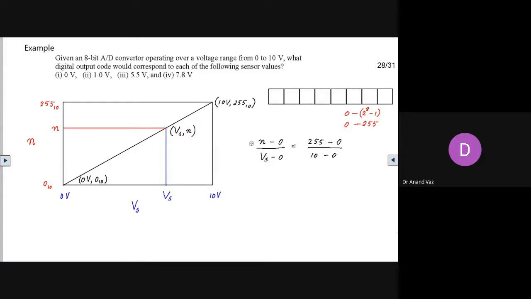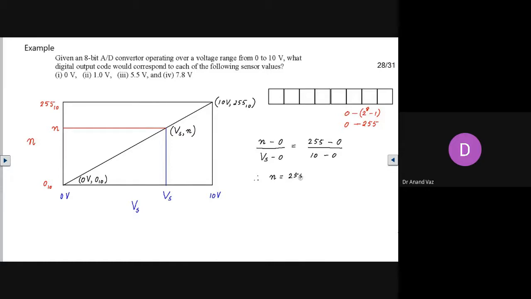This is in order to obtain the equation of this line, and so we know that n will be equal to Vs multiplied by 255 divided by 10.